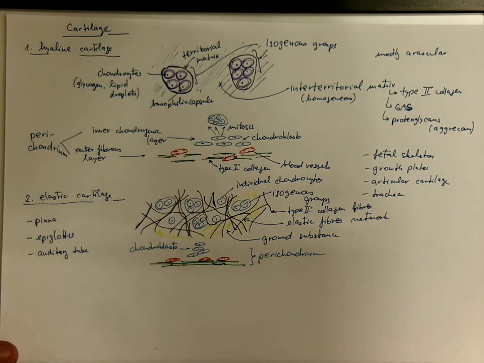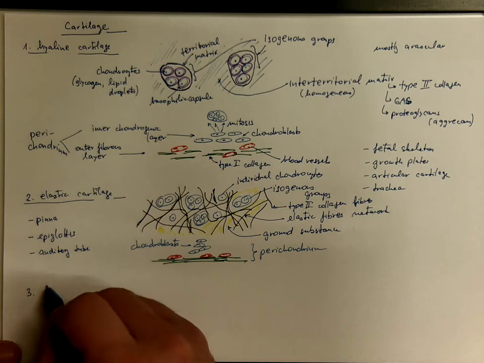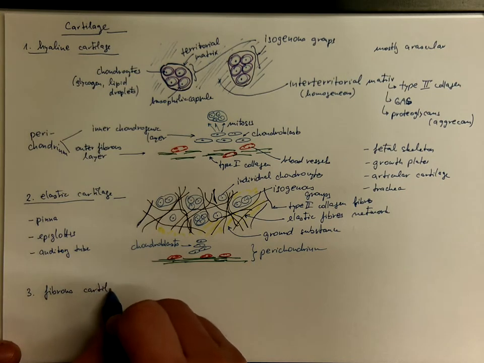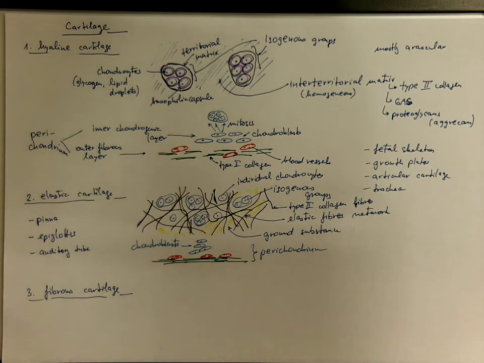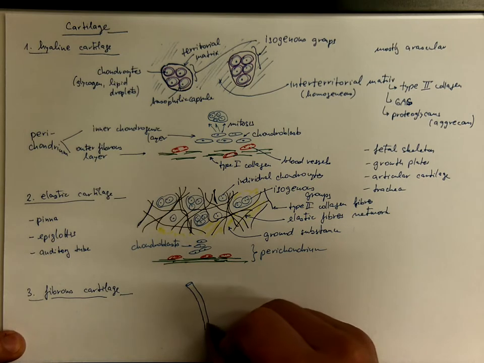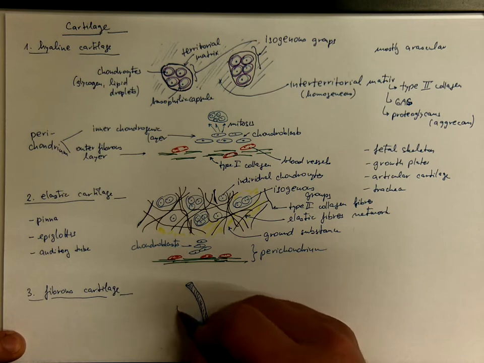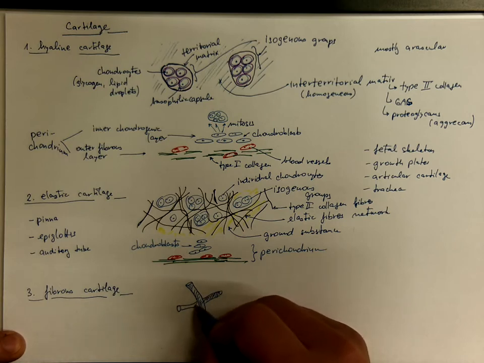Okay. The third type of cartilage in the human body is the fibrous cartilage. And it pretty much resembles the irregular type of the dense collagenous connective tissue, because it also contains thick fibers of type 1 collagen that run in various directions.